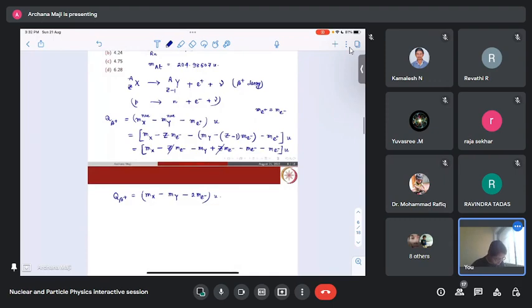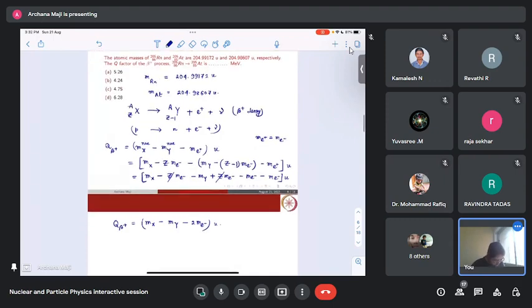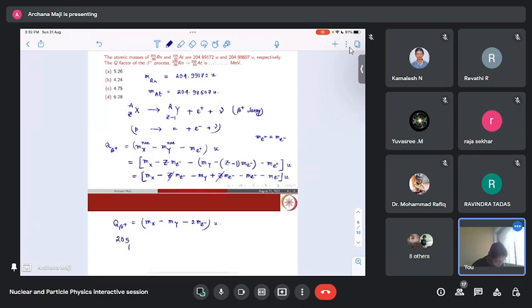The beta decay process here is Rn 86 becoming At 85 plus positron plus neutrino.